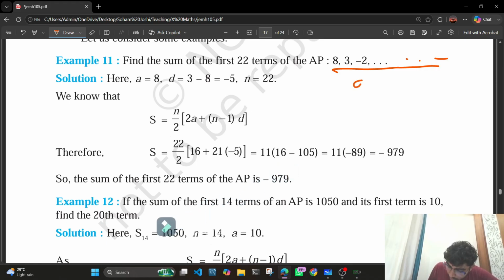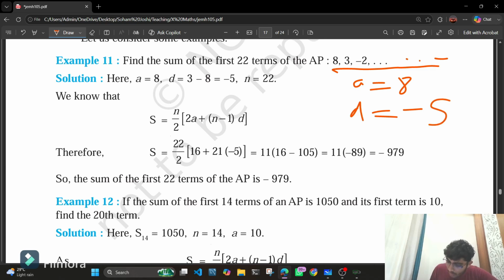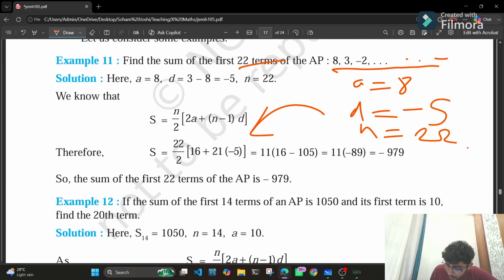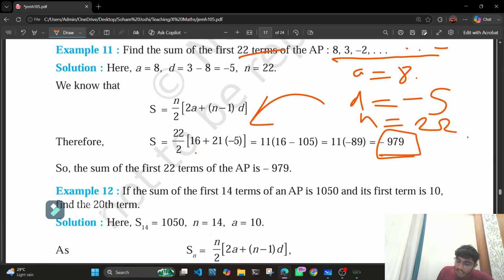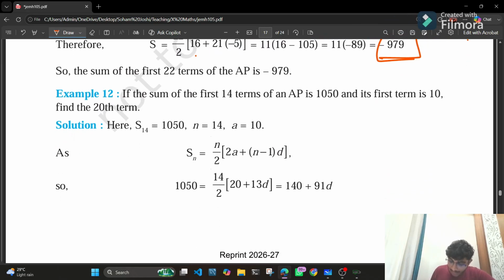Instead, we can do it directly. a is equal to 8, right? d is equal to 3 minus 8, that is minus 5. Putting it in this formula, we need to find 22 terms, so n is equal to 22. So 22 by 2 times 2 into 8, that is 16, plus 21 into the common difference minus 5. We directly get minus 979 as our answer. I hope that is clear.